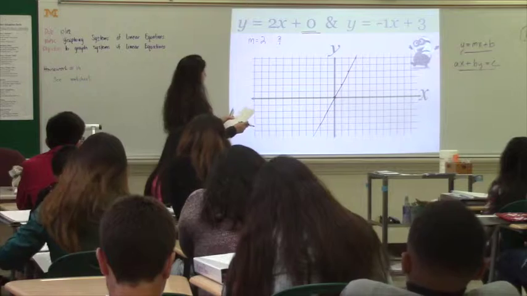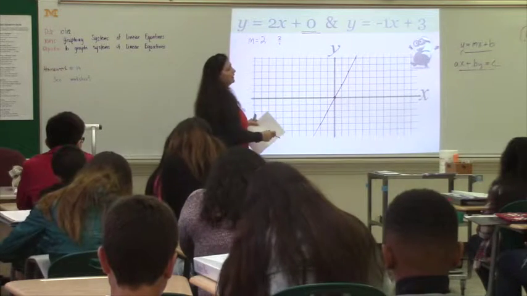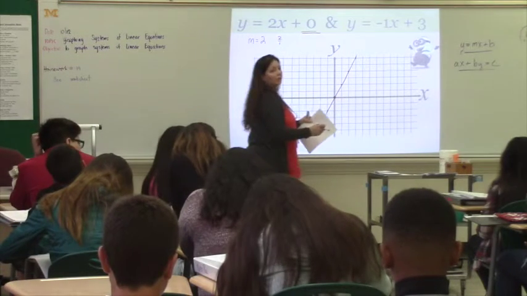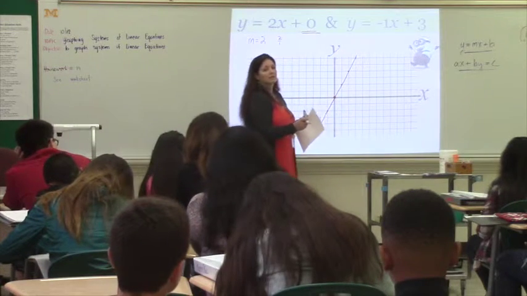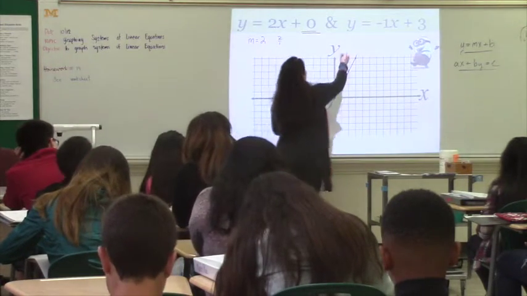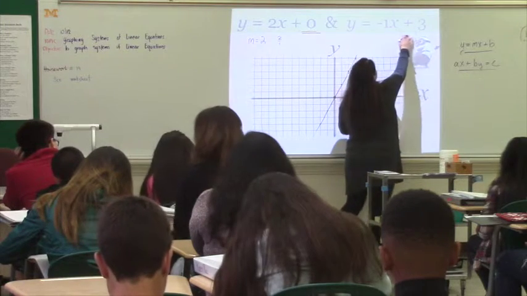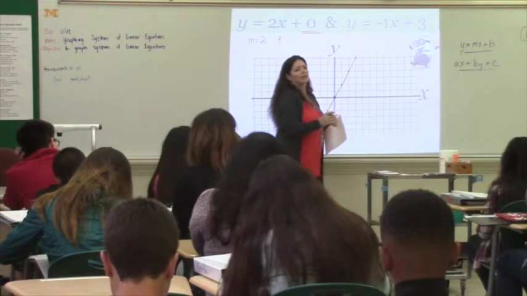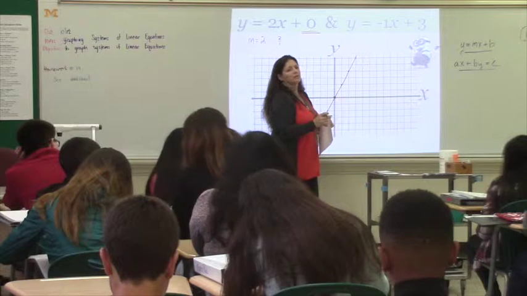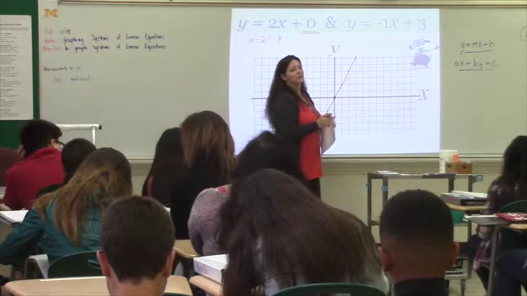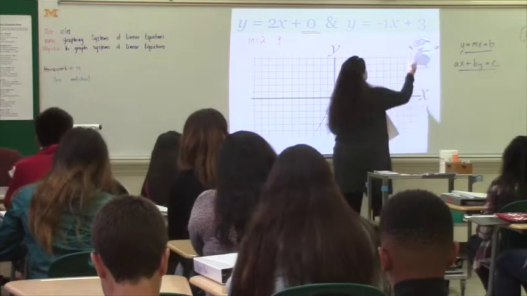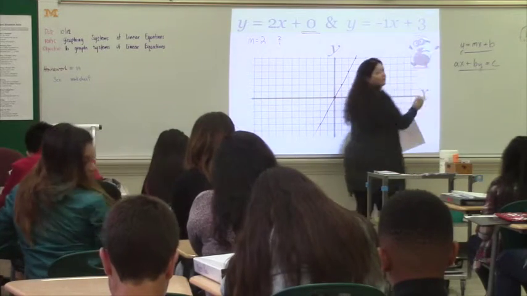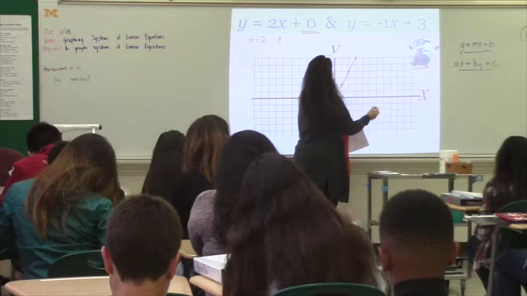Do the second equation the same way. Angelo, where do we begin at? For the second equation, y equals negative 1x plus 3. Where are we going to begin? We're going to begin at 3, right? That's your y-intercept.